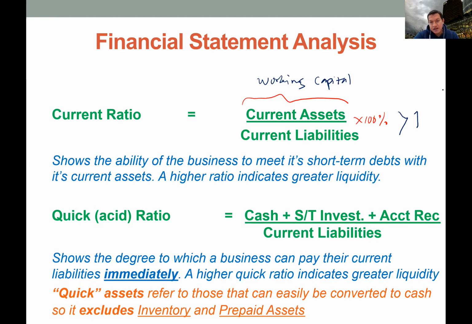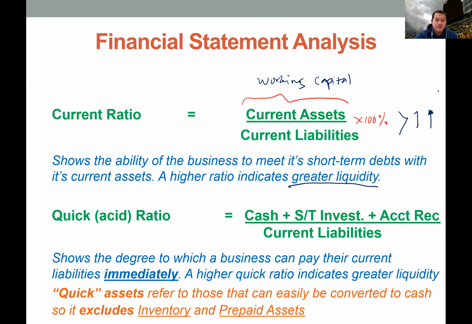It means they have sufficient current assets to repay all current liabilities. A higher current ratio means more liquidity. If they have a higher current ratio, it means this company is more liquid compared to the others.